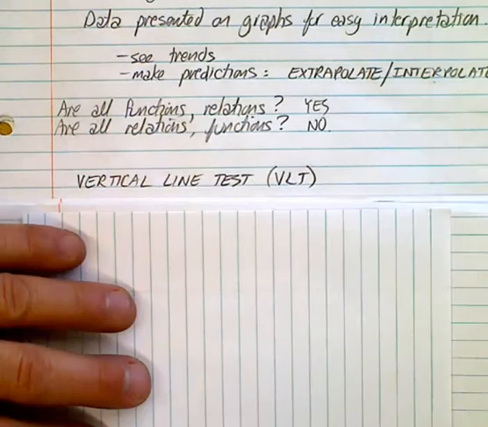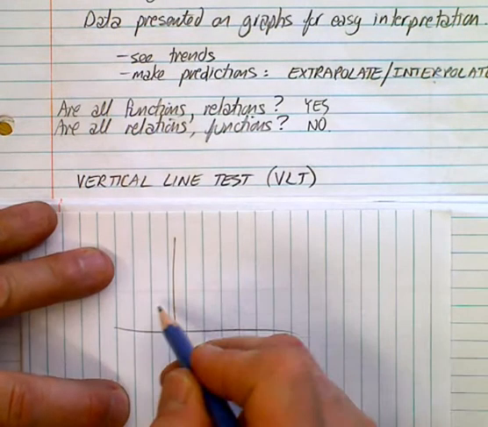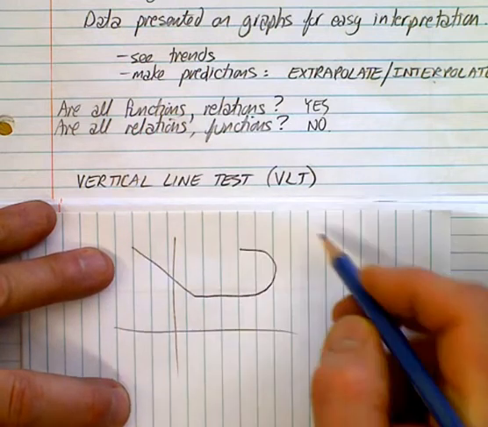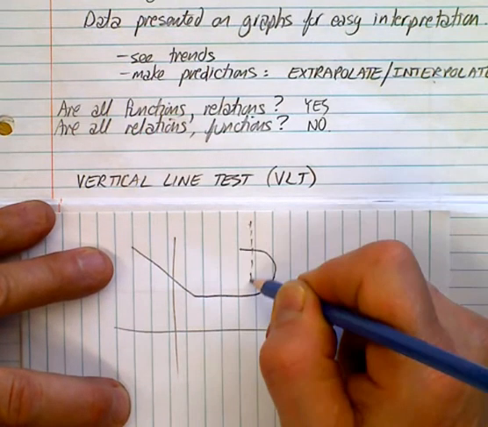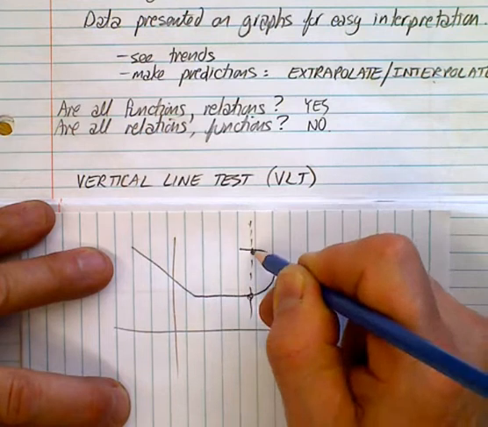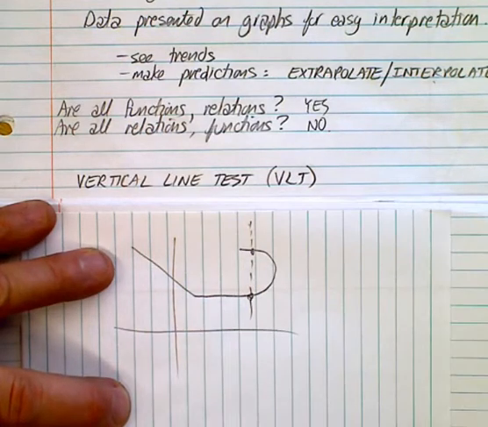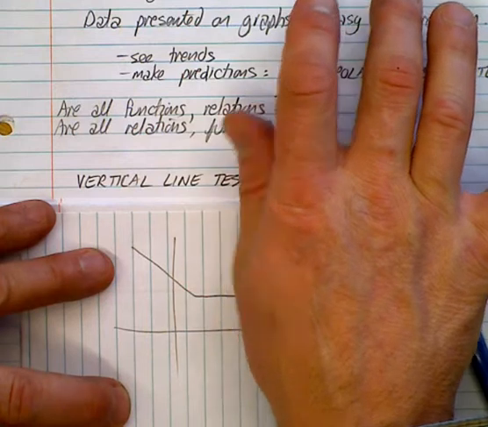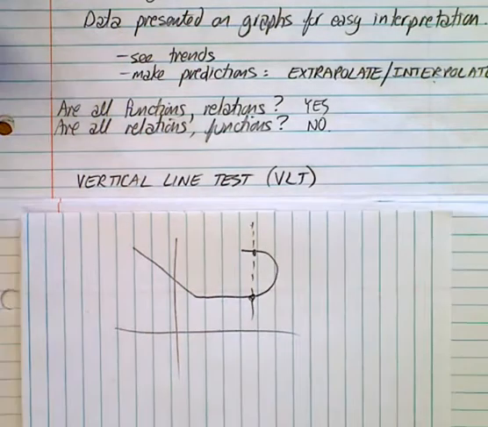If I had a graph that looked like this, and it was going down and across and it decided to curl up, boom, because I can draw a vertical line and cross twice, that is not a function, okay? This part is a function, absolutely, because you can't do it twice. So that's a vertical line test, okay?